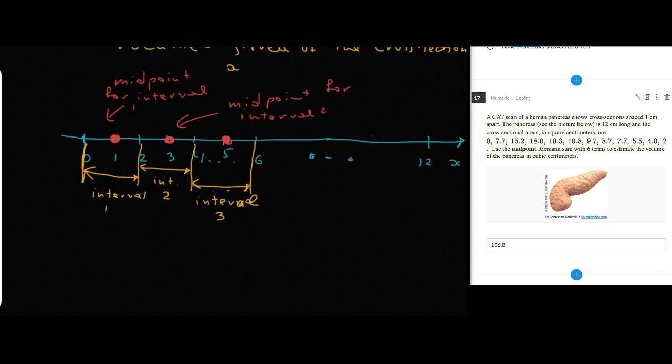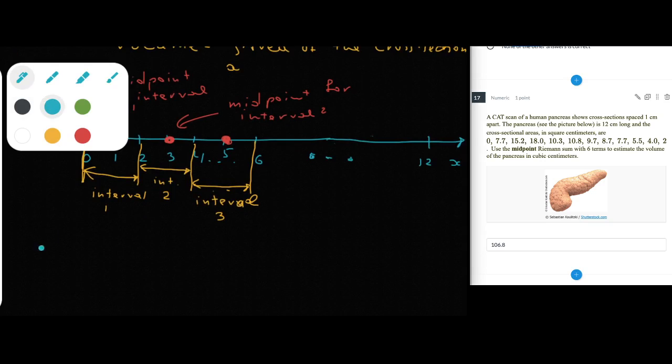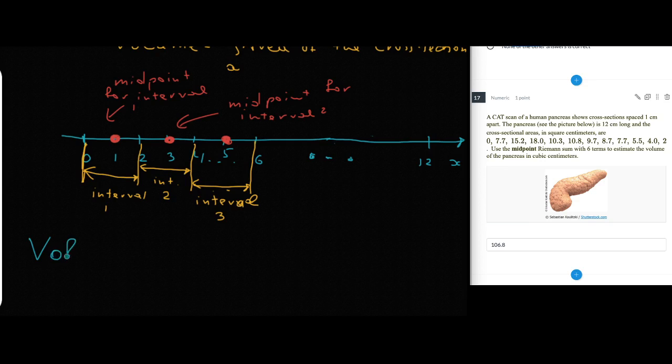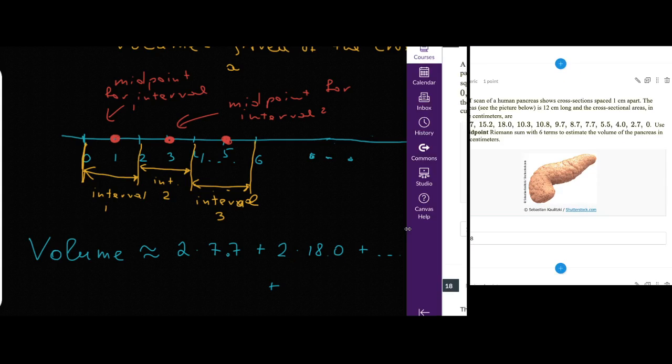And so we can now write that our volume of the pancreas will be approximated as follows: 2 times 7.7, that is the area of the cross section at x equals 1, then plus 2 times 18.0, which is the cross section area at x equals 3, etc. And let me see if I can pull up the complete list of these areas.